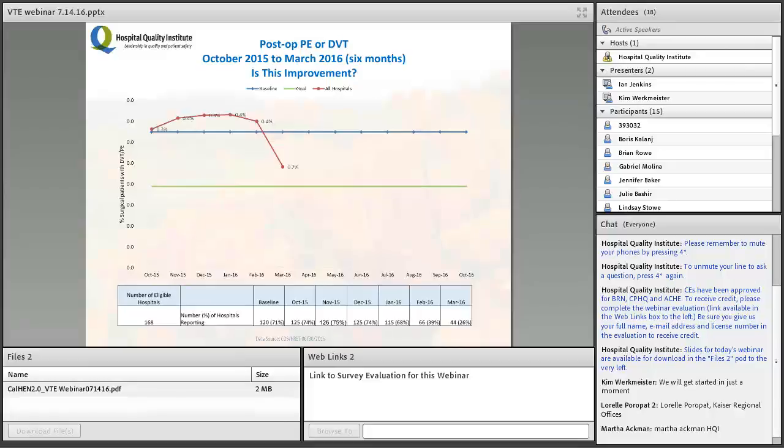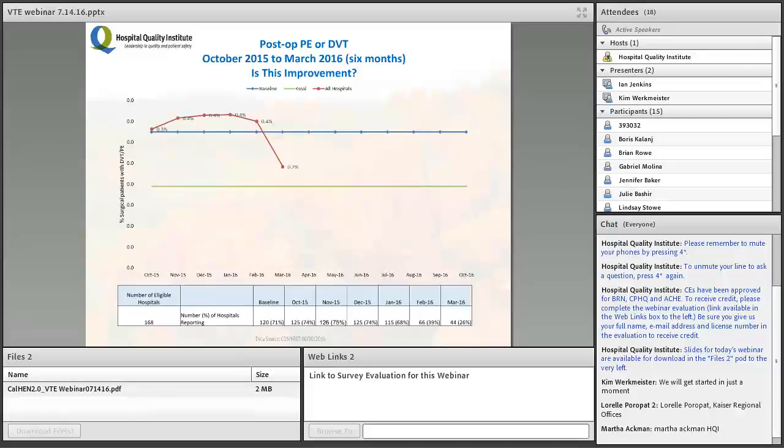What you probably can't see, since it's pretty small there at the bottom, is the number of hospitals that are actually submitting this data. Unfortunately, for the last couple of months, we're only at about a 25% rate of all hospitals that submitted baseline data that are currently submitting ongoing monitoring data.